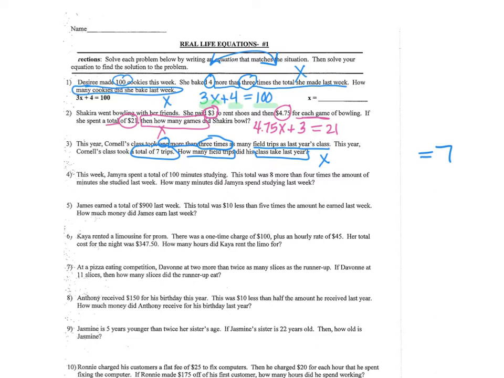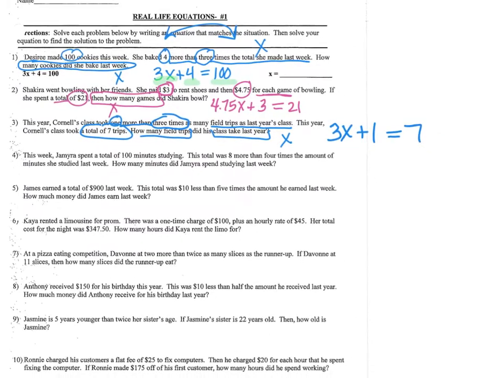Do you know how many trips last year's class took? No, so that's my variable. So how would I write that? 3 times as many as last year. Times. Right? No. 3x, right? Wait, it's not 3. No. 3 times as many as last year and 1 more than that.